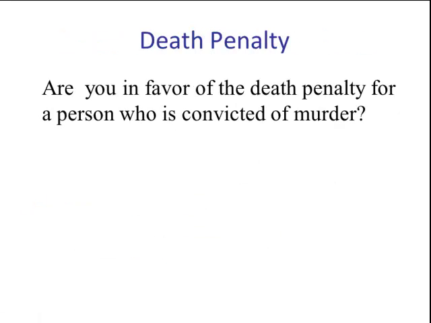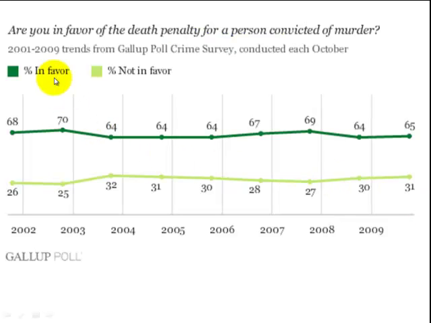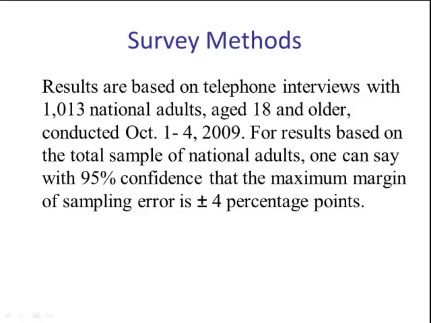Are you in favor of the death penalty for a person who is convicted of murder? This time series graph shows from the Gallup poll the percentage of people who are in favor and the percentage who disapprove of the death penalty for a person convicted of murder. If we look at the details, we would see the results are based upon telephone interviews with 1,013 national adults aged 18 or over, conducted on October 1st through the 4th, 2009.